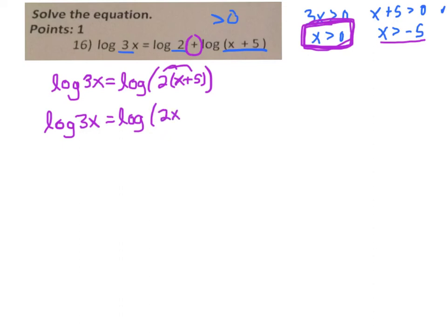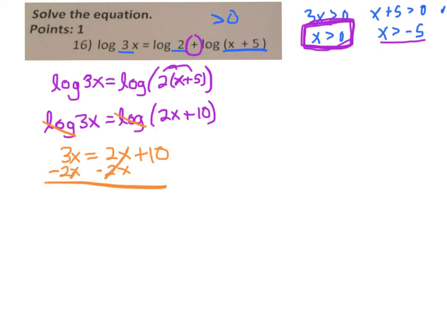And because these logarithms have the same base, they're both log with a base of 10, or common logarithms, we can set the inside of the logarithms equal to each other. So this is x equals 10. That does fit this. That makes that okay. So x equals 10 is our answer.